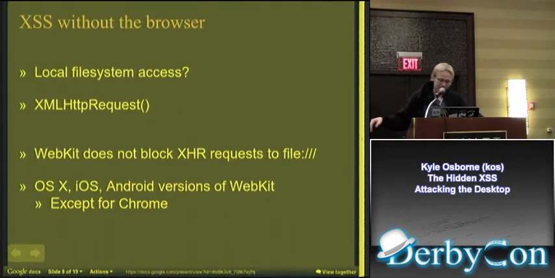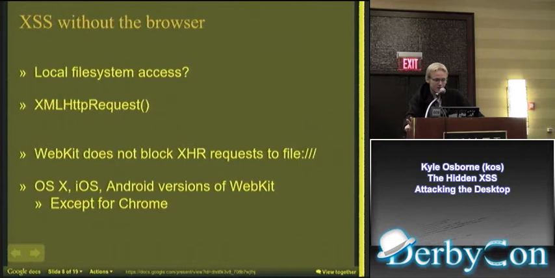However, in certain cases, as I'm going to demonstrate, it does actually allow you to do this. Thus far, WebKit is the only rendering engine that I've seen that allows you to do this. WebKit includes Safari, most of the mobile browsers.